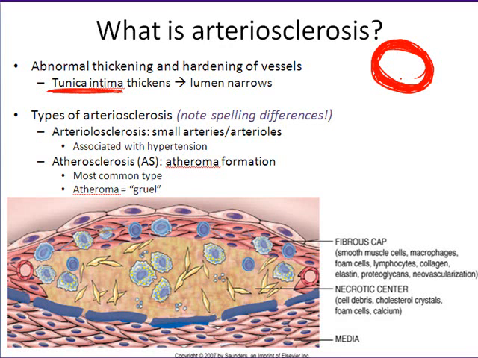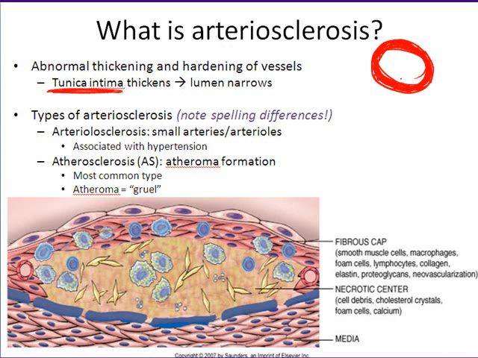There are different types of arteriosclerosis. Your book mentions 3. There's only 2 that I'm going to ask you to be concerned with, because really only 2 of them have any sort of clinical, pathological importance. The third one's kind of a silent one in the sense that it really doesn't cause too many symptoms or problems. So the 2 I'm going to ask you to focus on are arteriolosclerosis and atherosclerosis.